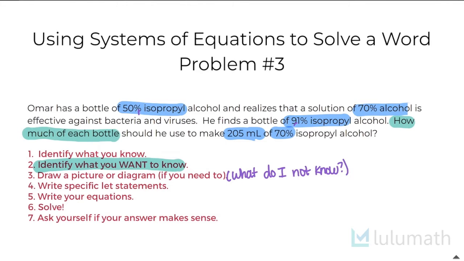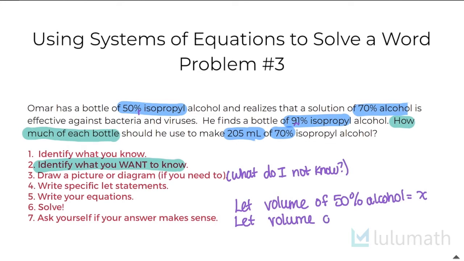So we're going to let the volume, because we're trying to figure out how many milliliters we need, of 50% alcohol equal x. And then we also are going to be using 91% alcohol. So we're going to say let the volume, again, be specific with your let statement, of 91% alcohol be equal to y.